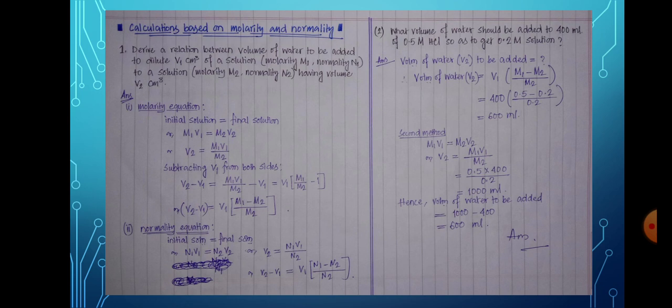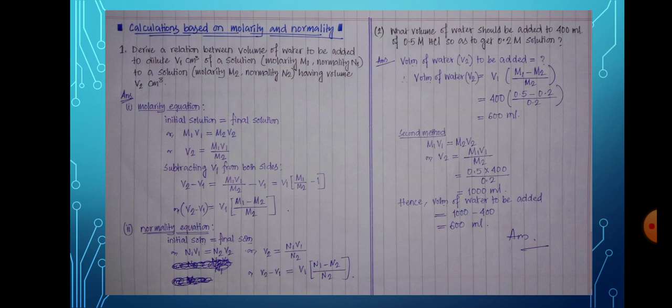So on the basis of this equation, here I solve another problem. What volume of water should be added to 400 ml of 0.5 molar HCl so as to get 0.2 molar solution? We know the volume of water V2 to be added equals X, which we consider because we don't know it, we need to find it out.